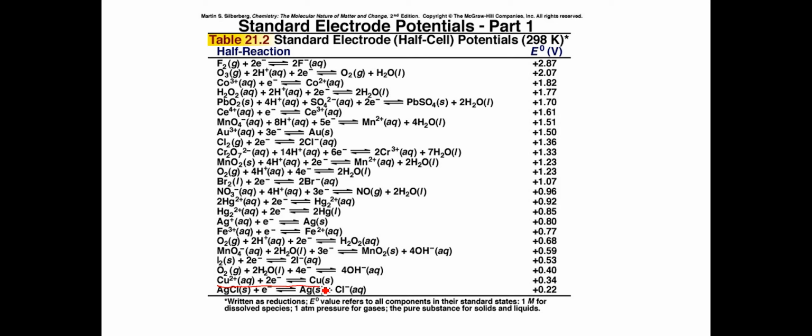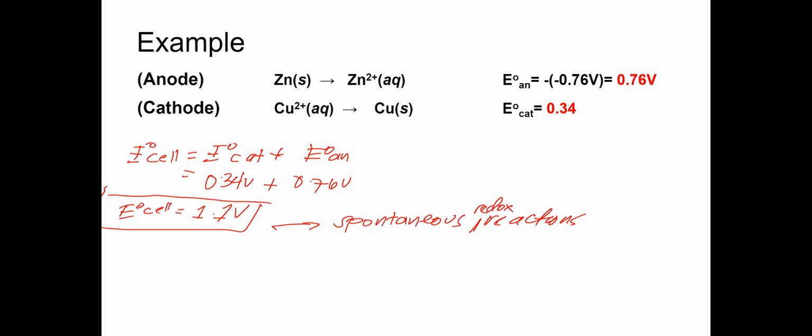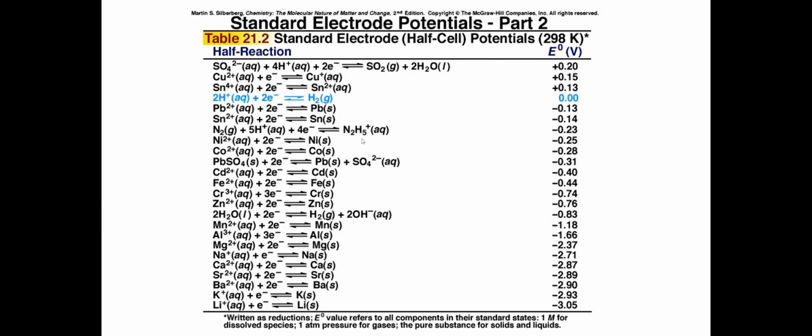Ito yung first equation, which is the copper, at ito yung kanyang value. Kung makikita nyo, 0.34. Yan, copper 2 plus 2 electrons. At hindi natin siya binaliktad because the way we isolate the equation, as is siya.